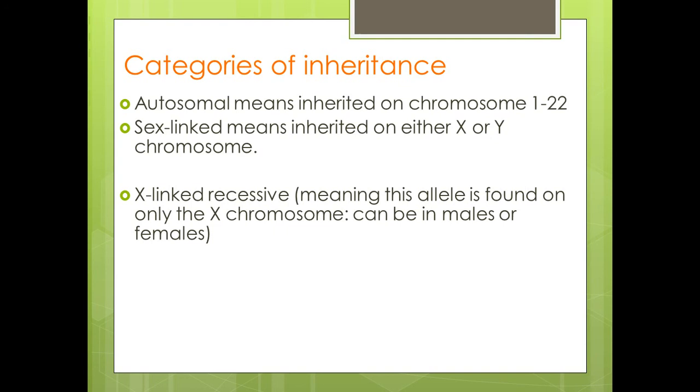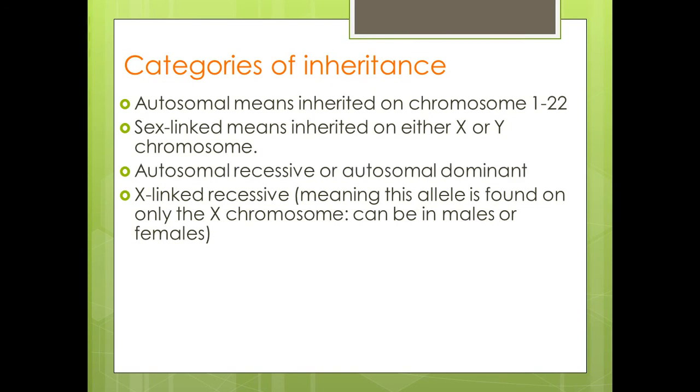X-linked recessive means that this allele is found on the X chromosome, and it can be found in males or females, because remember, both males and females have at least one X chromosome. A male would have one X and one Y, a female would have two X's. This also means that both males and females can pass this gene onto their offspring.